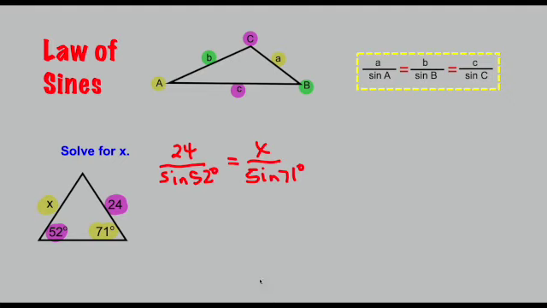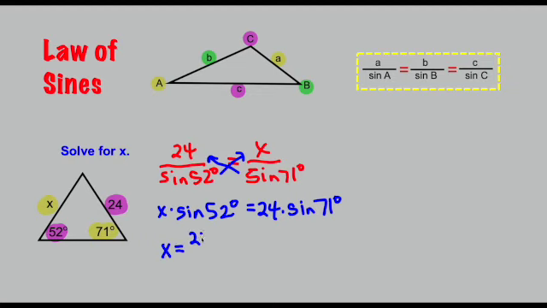Once we've done that, we can cross multiply. So that means that x times sine 52 degrees will equal 24 times sine 71 degrees. And then finally, to figure out the answer, we're going to divide both sides by sine 52 degrees. So we will get x equals 24 times sine 71 degrees, divided by sine of 52. So that is what we call the exact answer.